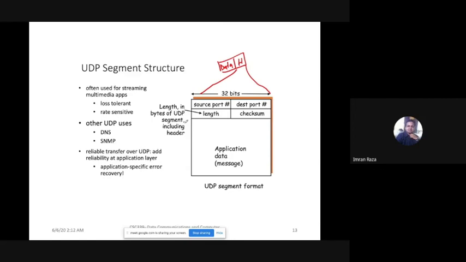separate process IDs? So let me write it here. Why separate process addresses for network application processes?